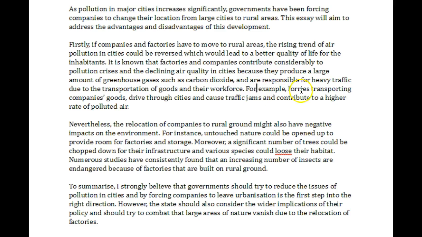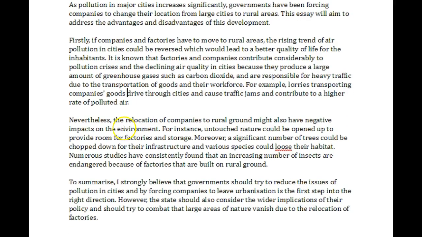Cool. For example, lorries transporting companies' goods drive through cities and cause traffic jams and contribute to a higher rate of polluted air. Maybe here we could just have an extra sentence that explains how it relates back to the question.